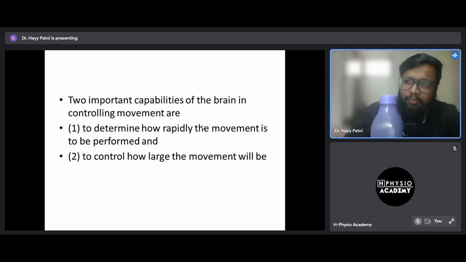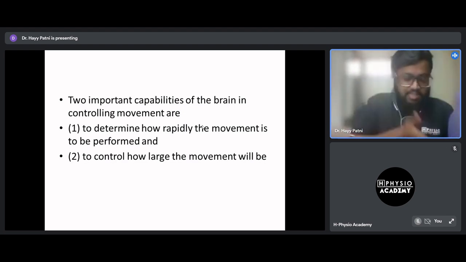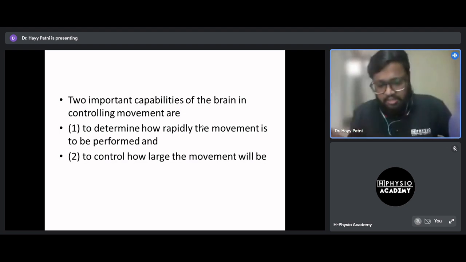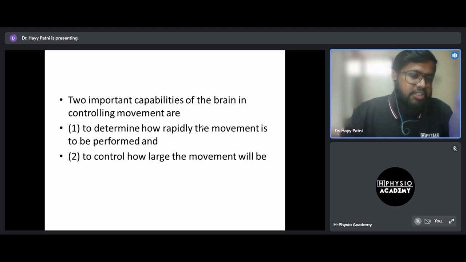It's a good word, but it doesn't give us a good understanding of what that coordination actually is. You have to understand whether it is timing, sequencing, or the intensity or amplitude of the movement.